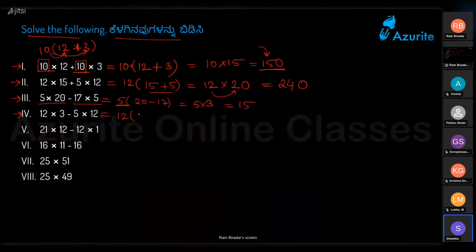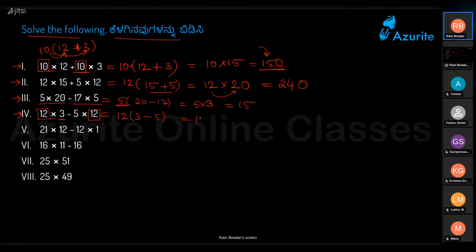If you take this 12, then what is remaining here? 3. So 3 you have to write. Next, what is the sign here? Minus. Next, 12 is gone. What is remaining? 5. Okay, good. So next, what do we have to do?